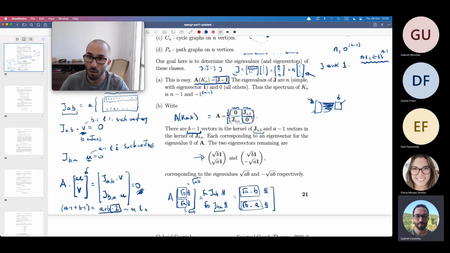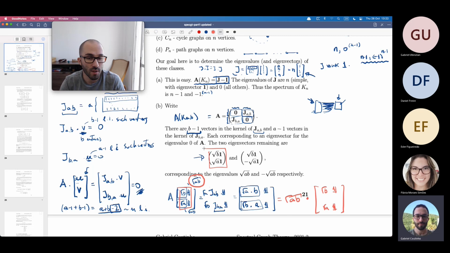So this is an eigenvalue corresponding to this eigenvector, right? So this is equal to the square root of AB times exactly square root of B all ones, square root of A all ones, of convenient size. So it's not difficult to check that this is an eigenvector with eigenvalue square root of AB.